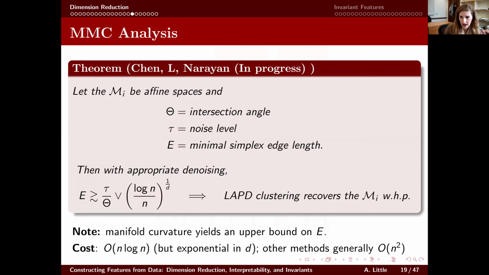You need to choose it bigger than the noise level so that on a manifold, these simplices will be roughly parallel to the underlying manifold. And then you also have some density constraints that come in to ensure your between manifold distance stays large. But anyway, the punchline is that when these conditions are satisfied, you can prove that with high probability, this metric will differentiate the two manifolds.